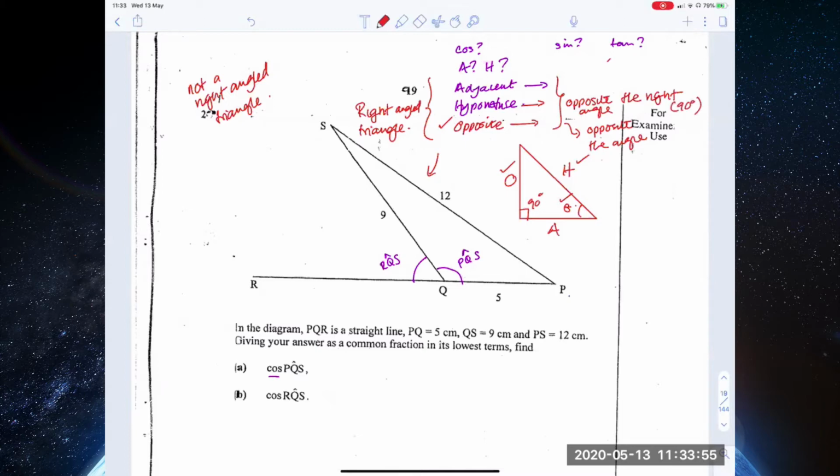And then the adjacent, what does the adjacent do? It's the line joining the angle and the 90 degrees. Do you see that? You see this angle here?